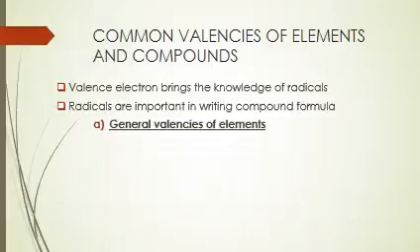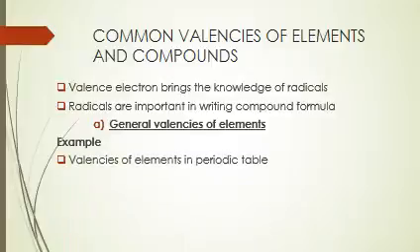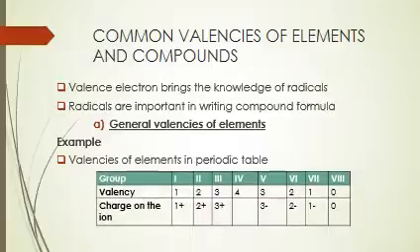For example, we have general valences of elements and general valences of compounds. For example, valences of elements in a periodic table. We have different elements in the periodic table, and we also have different valences. Let us look at this table.